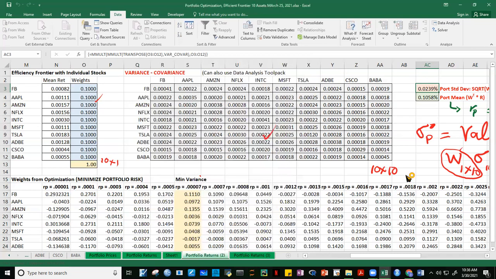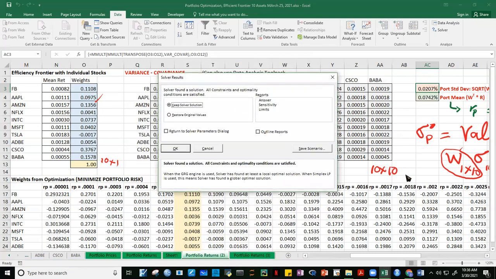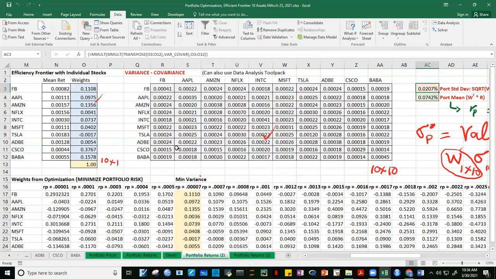Okay, what happened? Solver found a solution. All constraints and optimality conditions are satisfied. Look at this, it produced weights here. What do you have now?